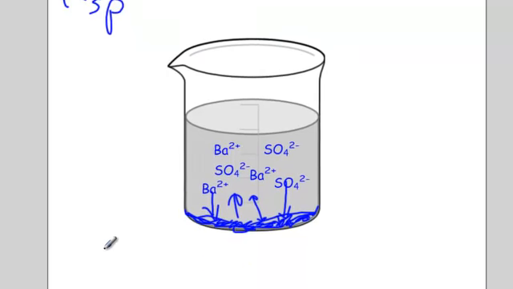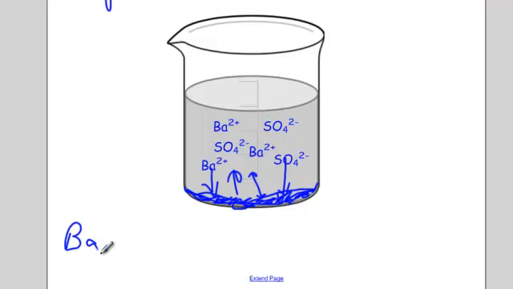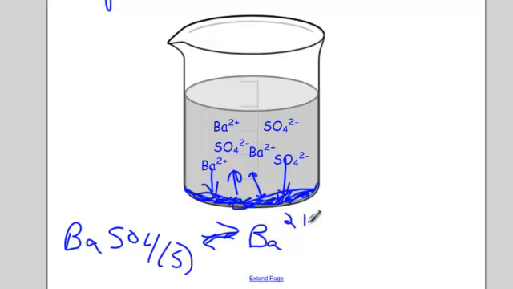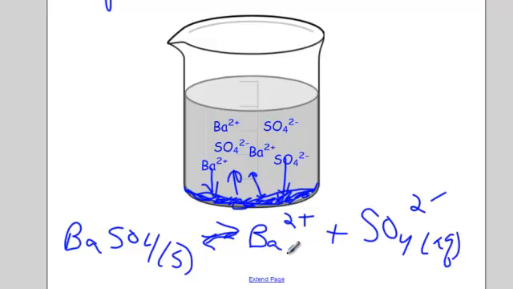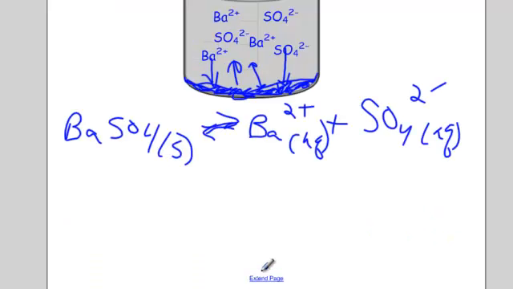So we've got BaSO4 solid in equilibrium with Ba2+ and SO4 2-, and those are, of course, aqueous. Always think of it this way: the solid as the reactant, the ions as the product.